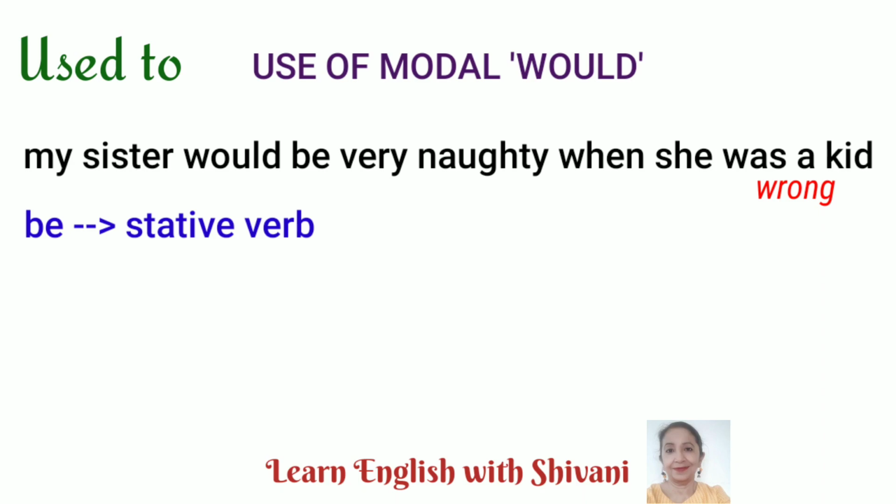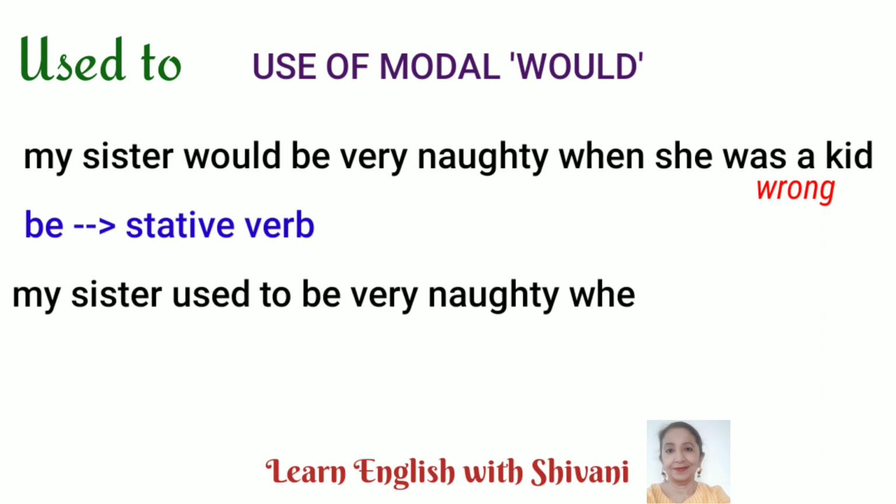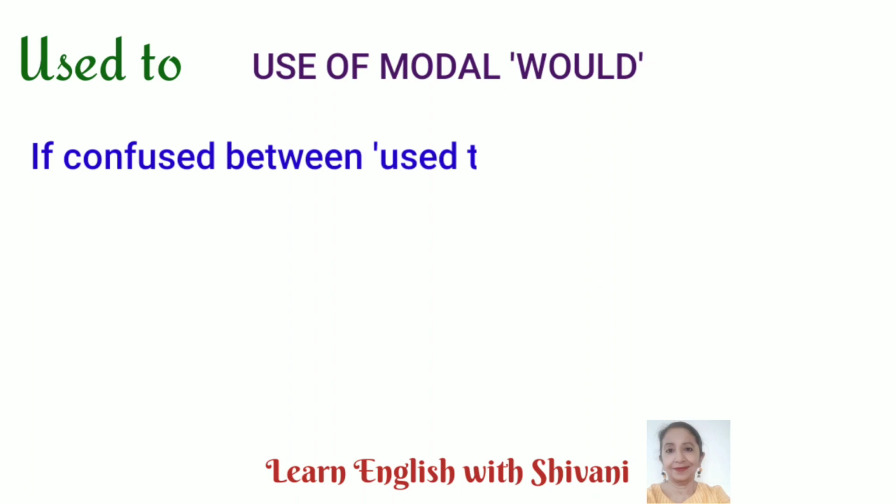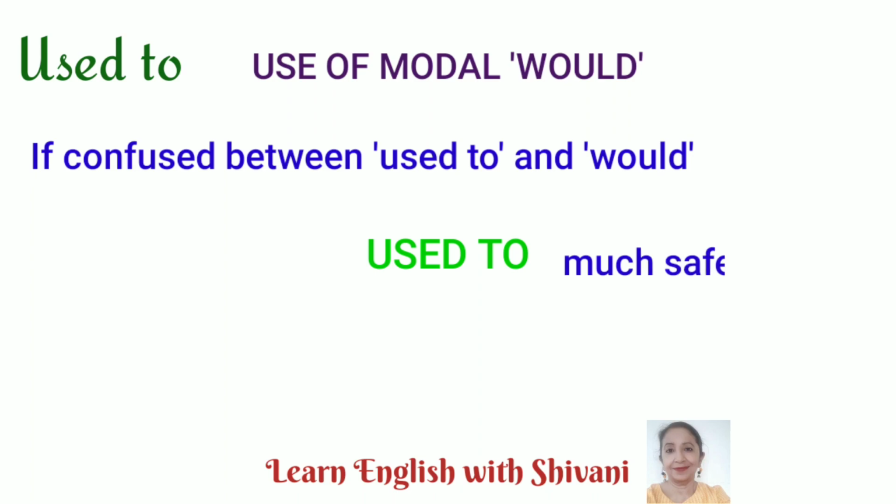It should be, my sister used to be very naughty when she was a kid. So remember the use of used to and would. If you're confused and not sure whether to use used to or would, I would suggest use used to. It's much safer.